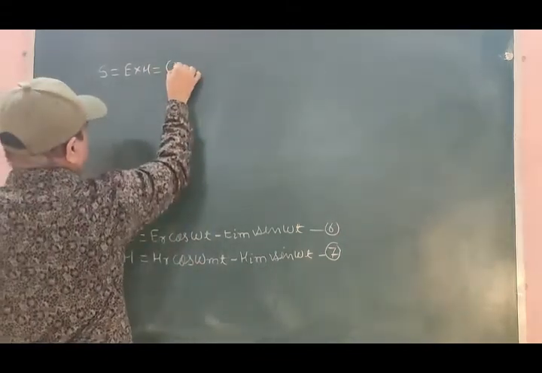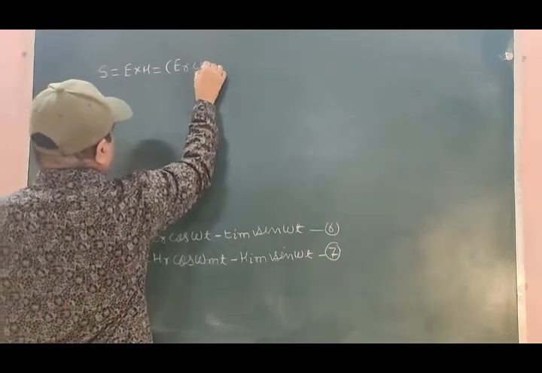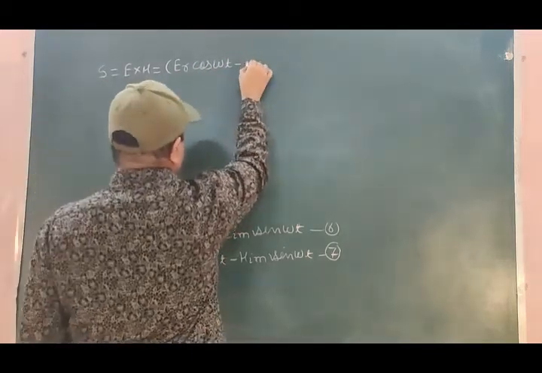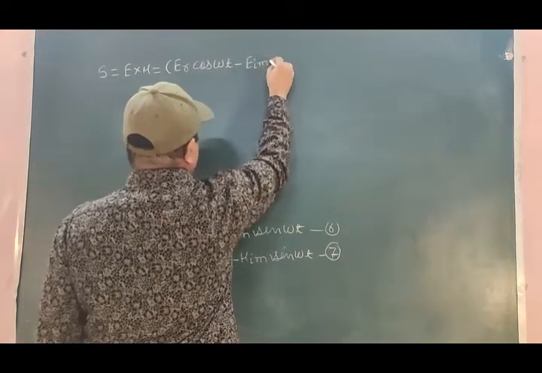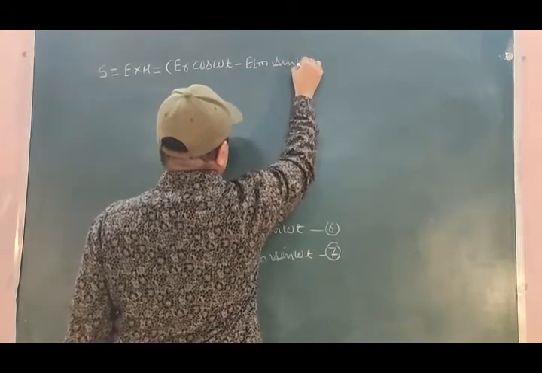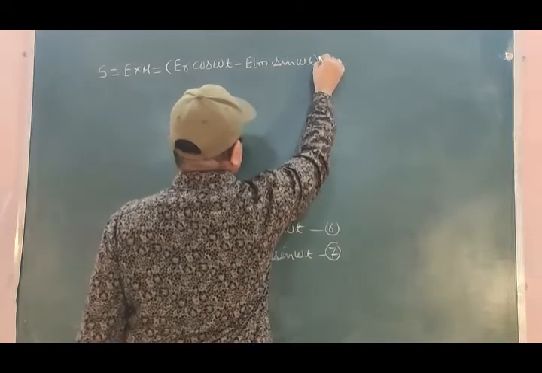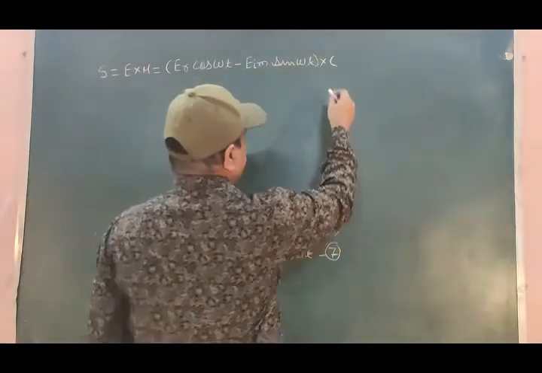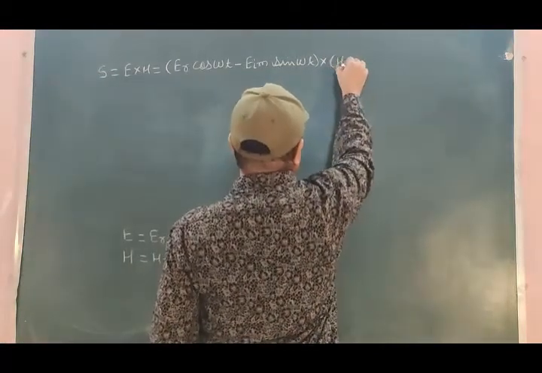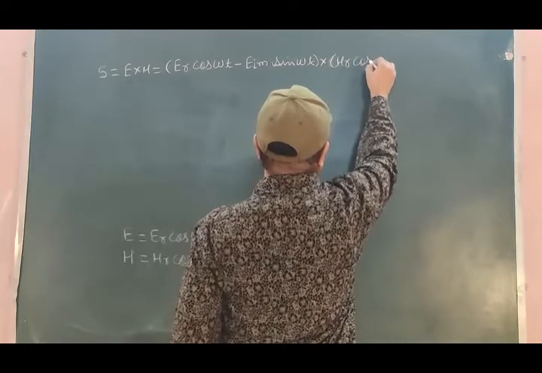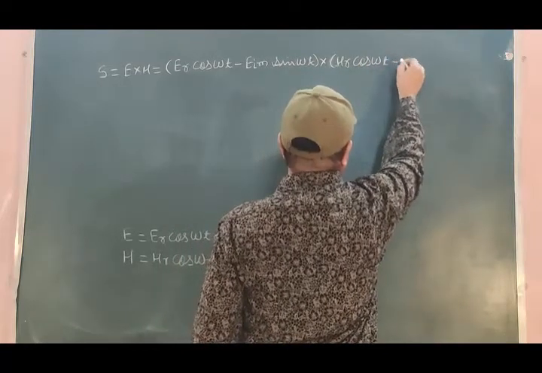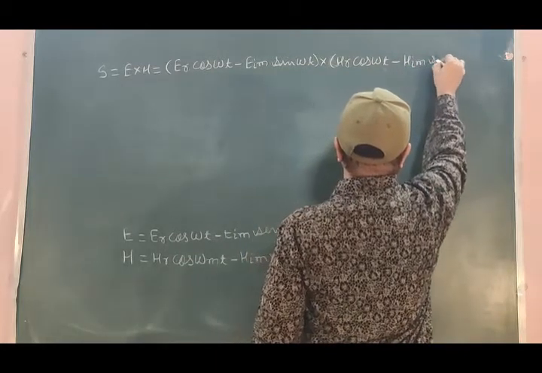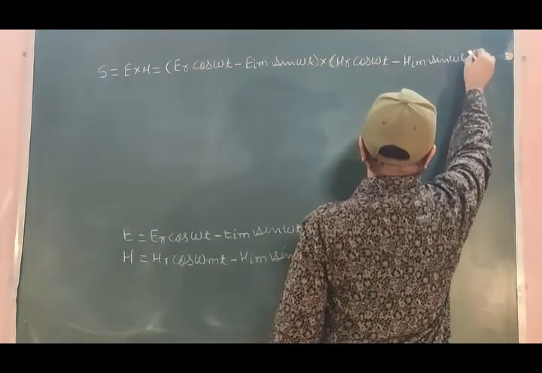This one: ER cos omega t minus EIM sin omega t, cross H, and that is HR cos omega t minus HIM sin omega t.